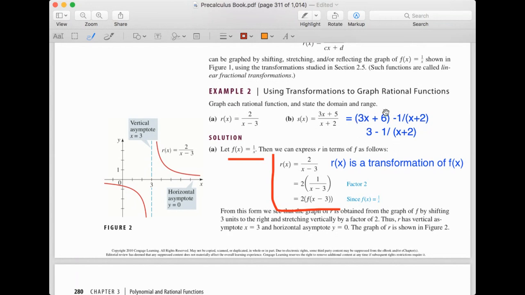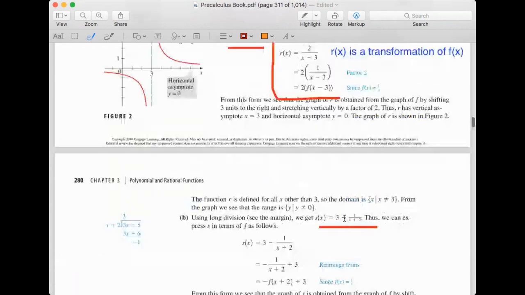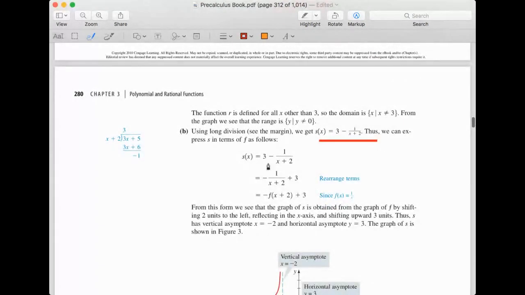Then 3x plus 6, we can factor out 3. That is 3 times parentheses x plus 2, divided by x plus 2, that becomes 3. So we can rewrite this function as 3 minus 1 over x plus 2.